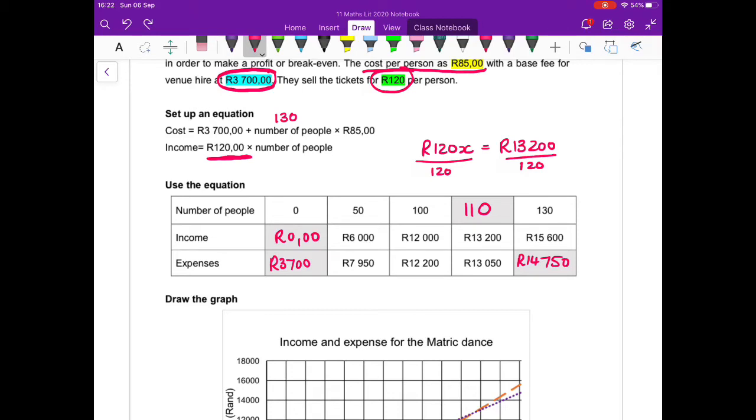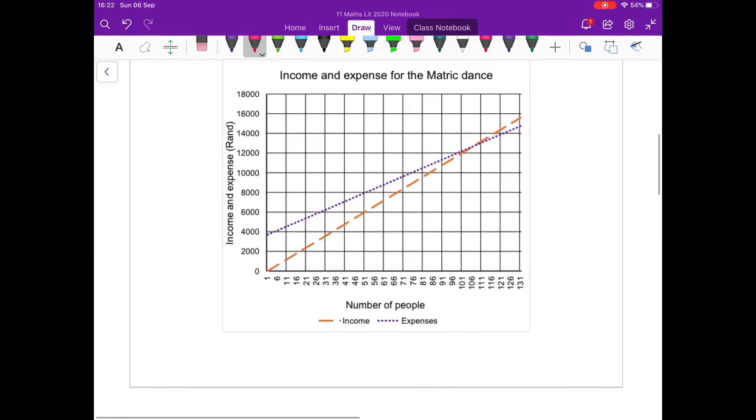So before we even plot the graph, you know that your expense graph is going to start at 3,700. You will know that your number of people, when in doubt, is always along the bottom axis. So the number of people, we went up to 131.